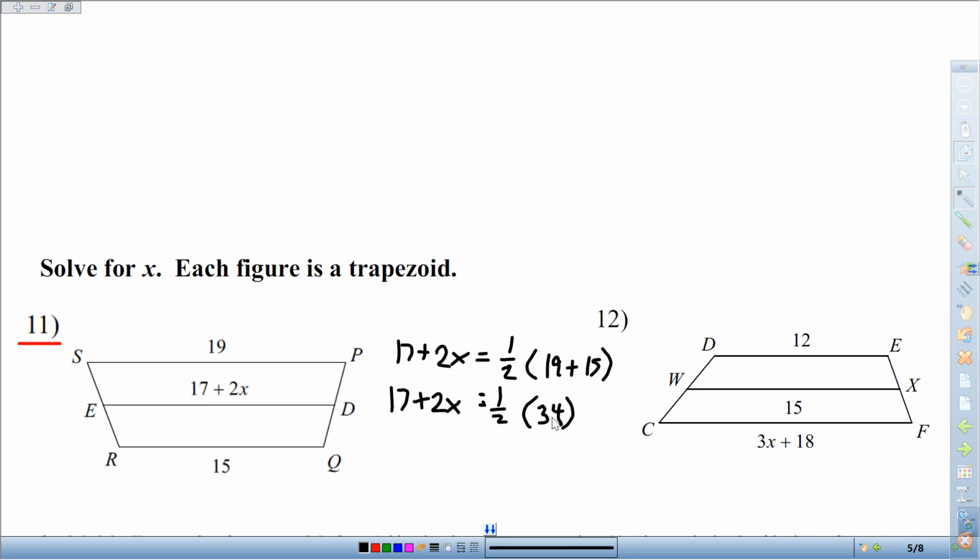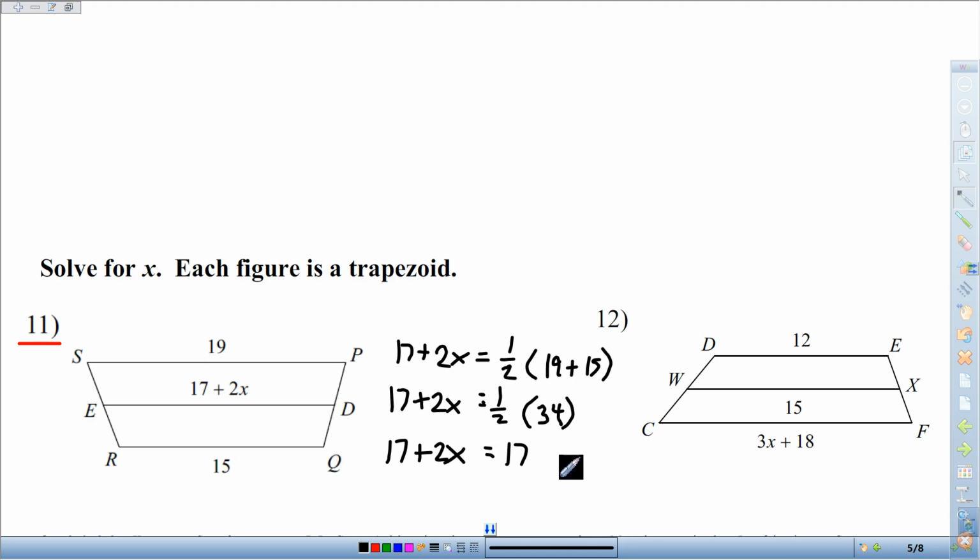This is where I want to point out we actually have 2 ways we could do this problem. We can distribute the 1/2 into the parentheses or take 1/2 of 34, or we could get rid of it by multiplying by the reciprocal of 2/1. I think this problem is easiest just to take 1/2 of 34. Don't overcomplicate it. So we've got 17 plus 2x equals, half of 34 is 17.